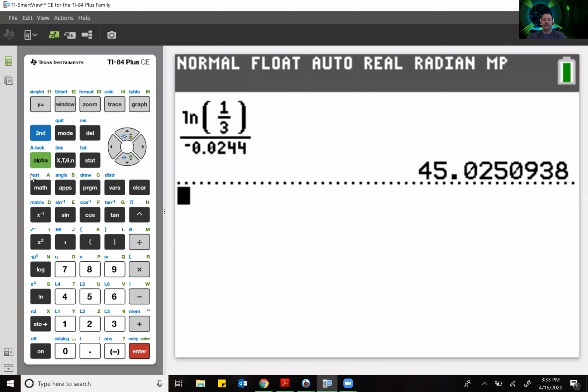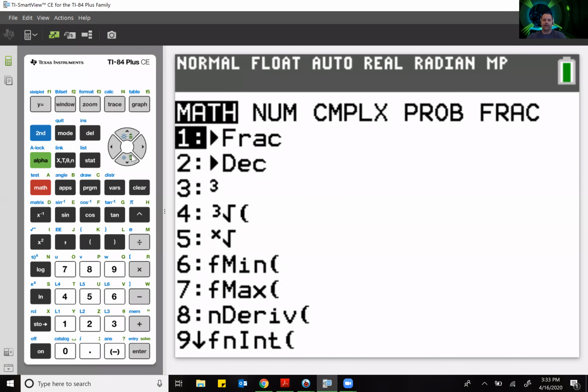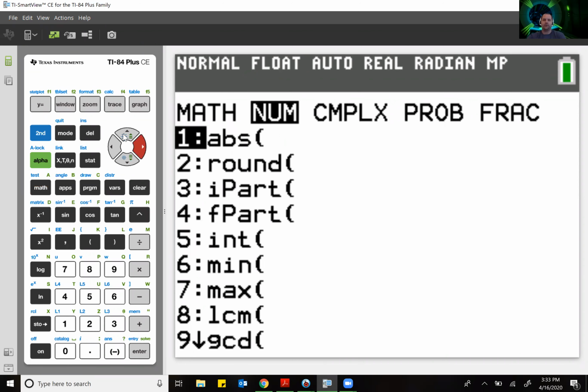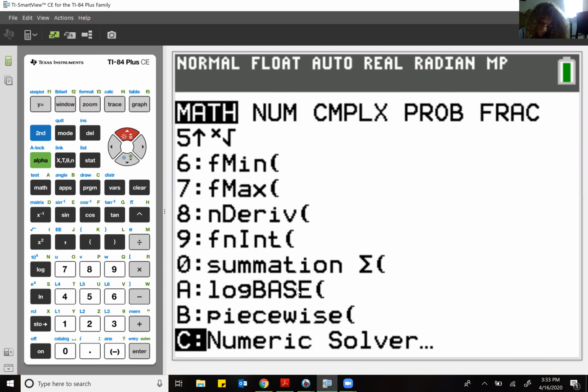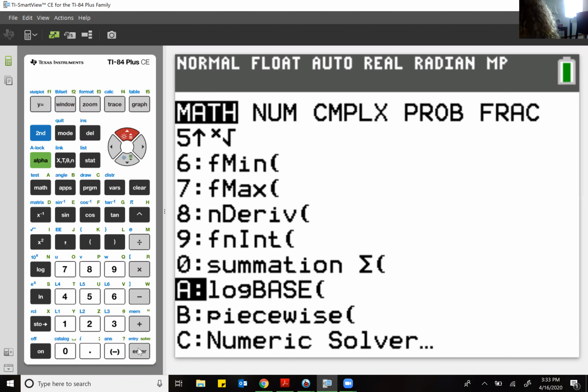So if I want to run a log that has a weird base, remember we're going to hit math. Under math, scroll up, and you want A, log base. Now scroll up.